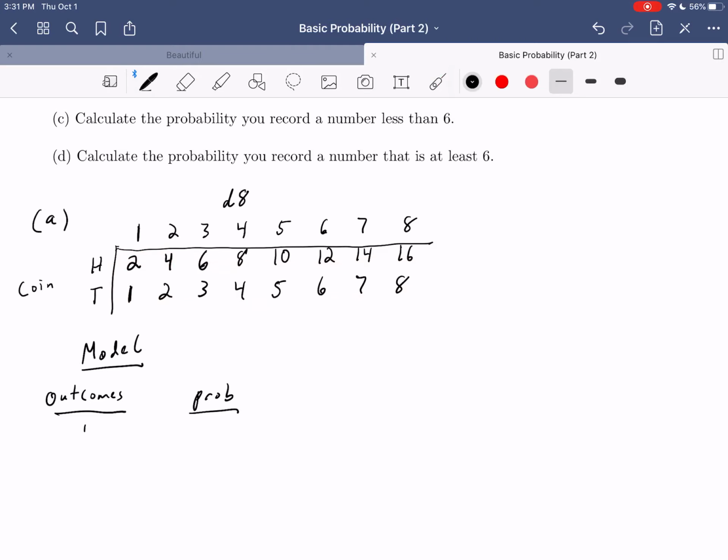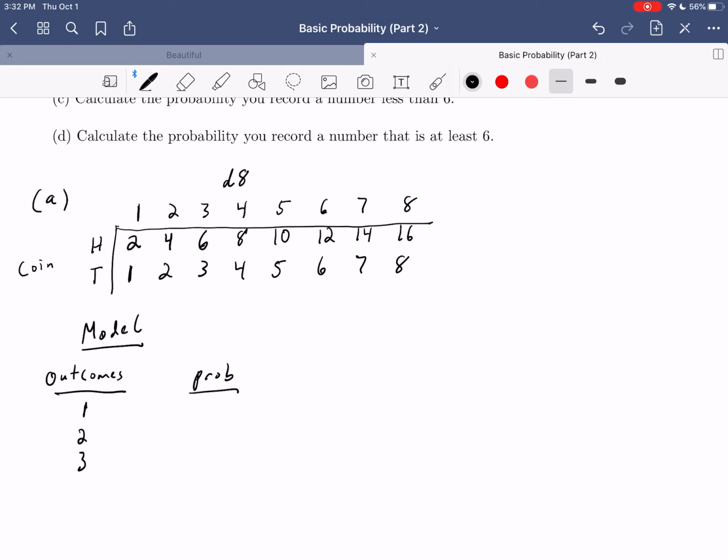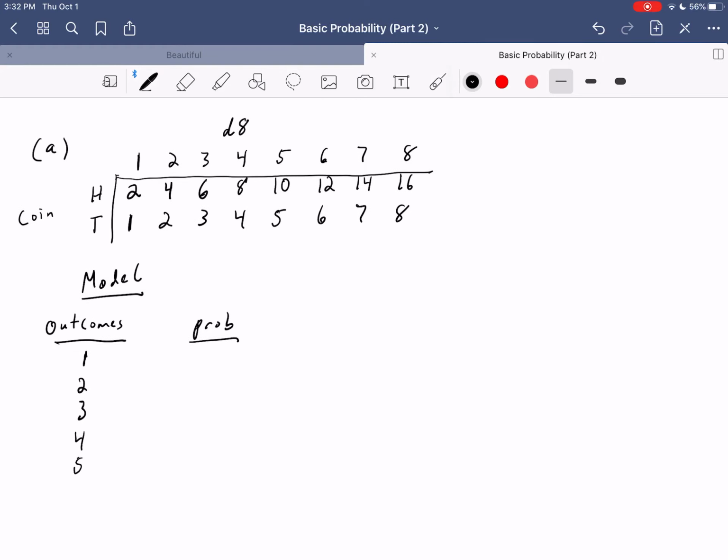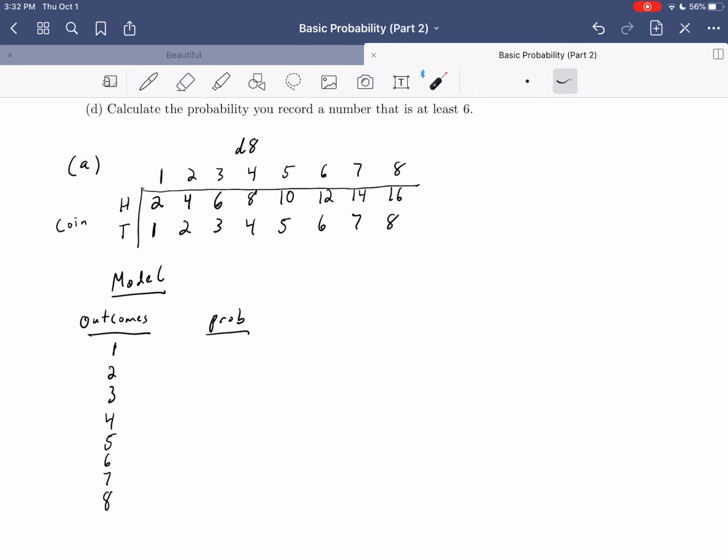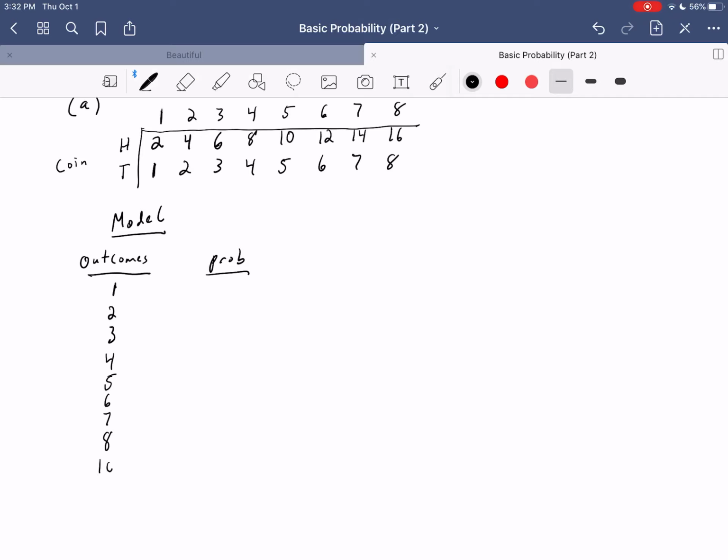So that means 1, 2, 3, like we said, 4, 5, 6, 7, 8. Notice that 9 is not possible. There's no 9s that show up in there. So we can just skip to 10, 12, 14, and 16. So the outcomes when you play this game are that you could end up with a 1, 2, 3, 4, 5, 6, 7, 8, or a 10, 12, 14, or 16.